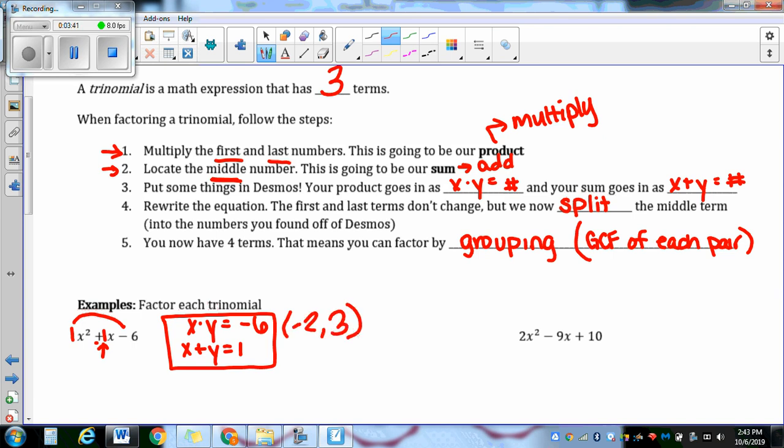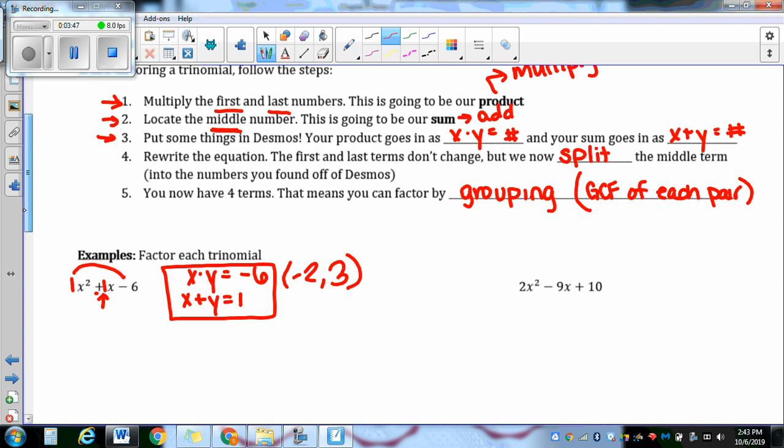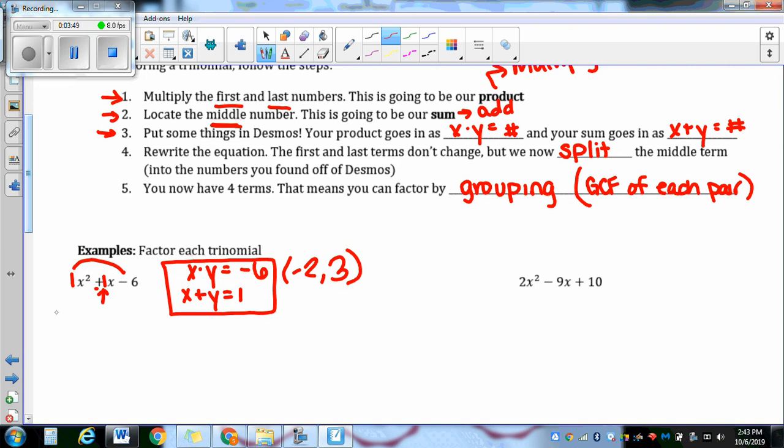All right, so that was step 3 done. Step 4 says rewrite the equation. So the first and last terms don't change. So I'm still going to start with 1x squared. I'm still going to finish with -6. But the middle term is going to be split. So instead of plus 1x, I don't want plus 1x anymore.